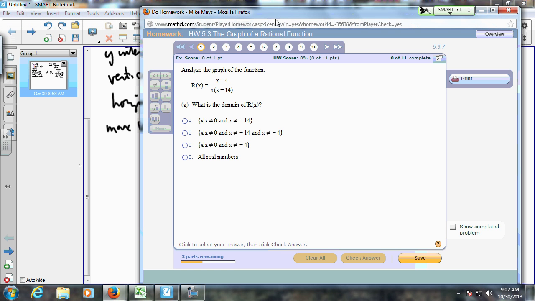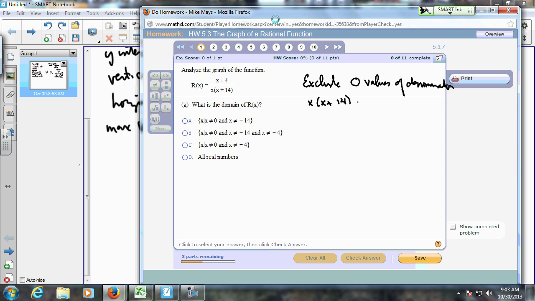So one thing, analyze the graph of a function. What's the domain? You want to exclude zeros, 0 values of the denominator. And I'll do that by saying the denominator is x times x plus 14.